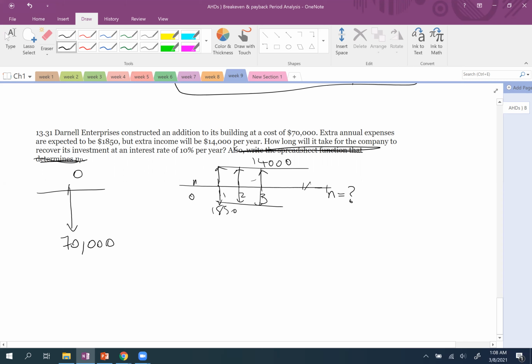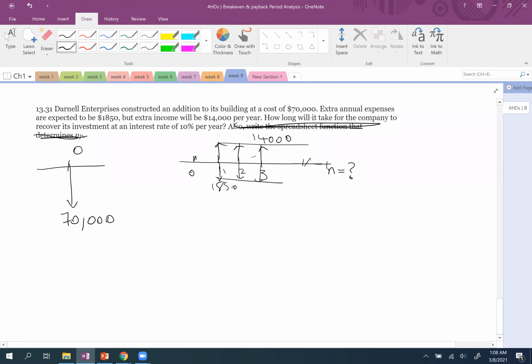Okay, so we said to determine the value of N, we know the payback period, because that's the definition of payback period: how long does it take to recover your initial investment? So you can set these things equal, which is 70,000, and it is equal to, as you can see per year, I have 14,000 positive, I have 1,850 negative.